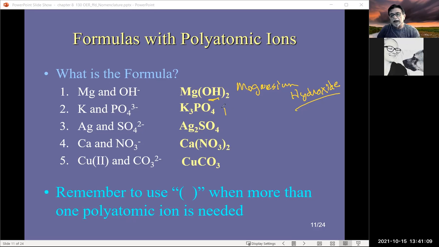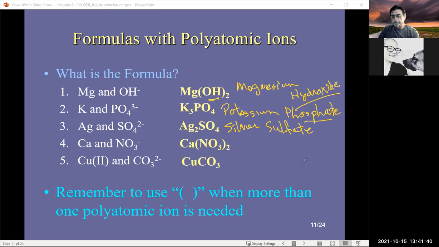This one is simply potassium phosphate. Notice if you're looking at your polyatomic ion table, that is the name of that polyatomic ion, phosphate. It's not phosphorus tetraoxide. That's not the name of that. Next one is simply silver sulfate.